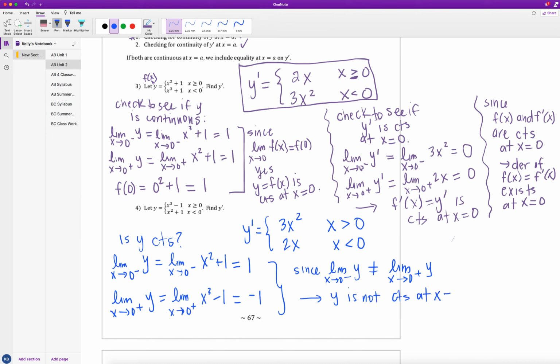I don't even need to compute the function value. The left and the right do not equal. On a graph, there'd be a jump discontinuity there since the left and the right are not agreeing. And that tells me that my original function y is not continuous at x equals 0.